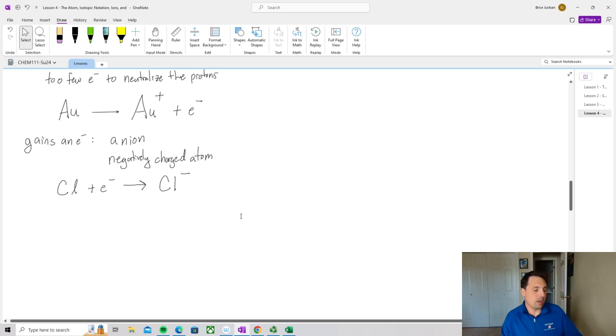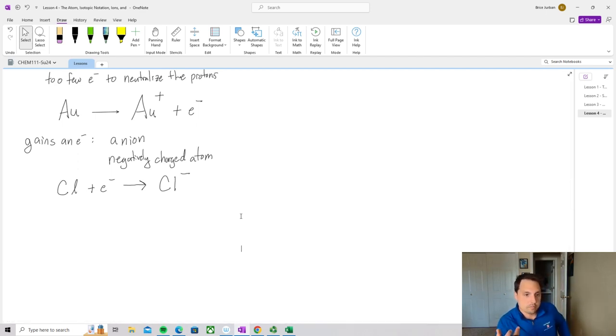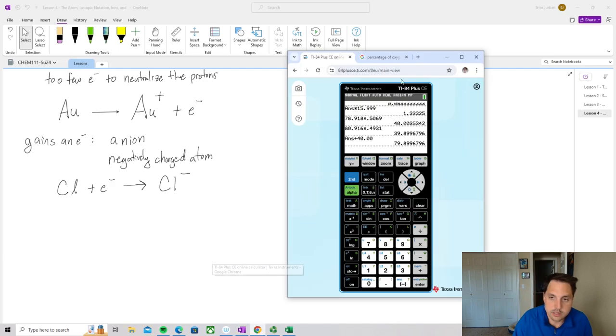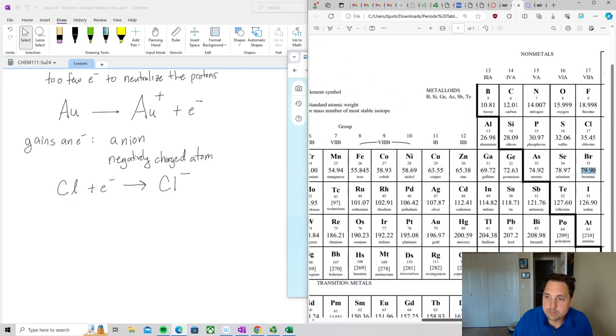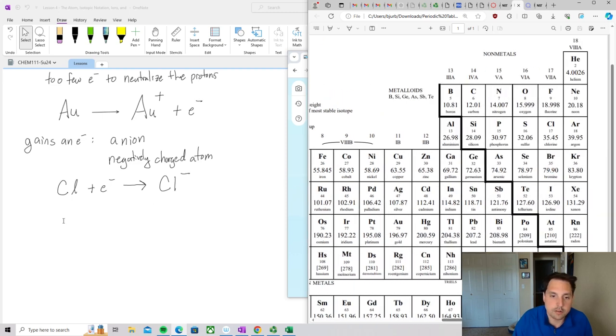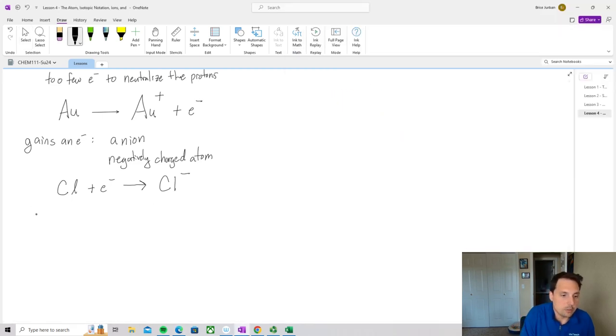We can also have a series of electrons being absorbed by an atom. So let's take a look at our periodic table. Okay, like sulfur, for example. What about sulfur?